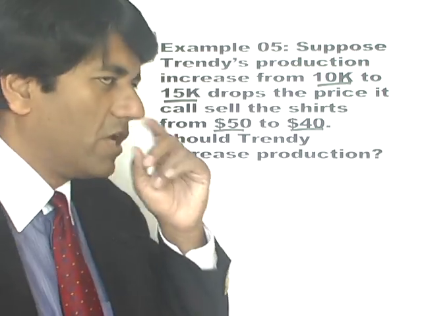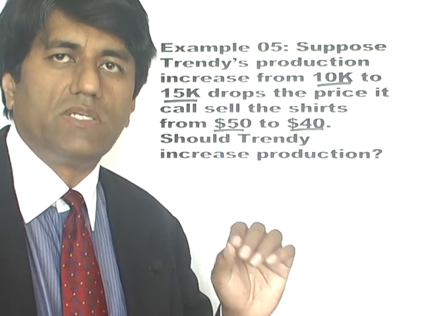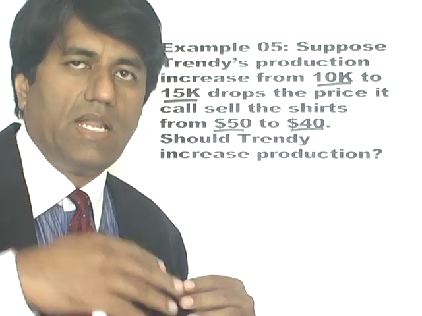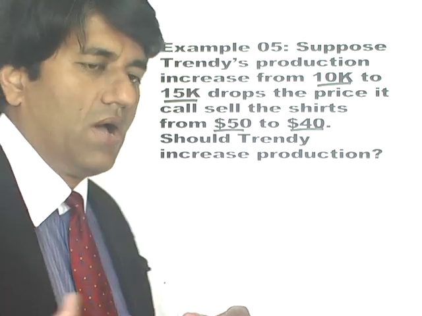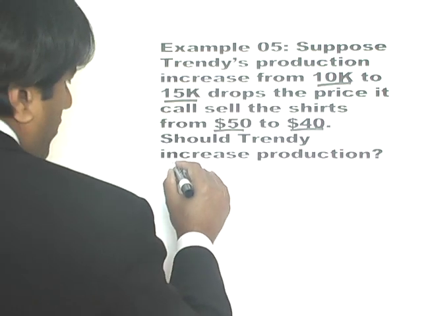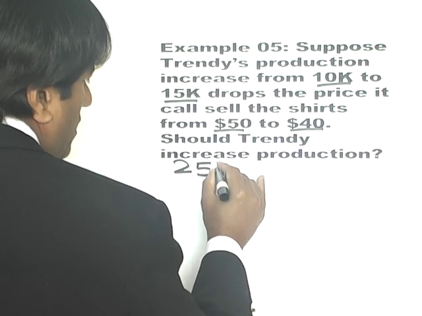And the variable cost for cloth went from 50,000 to 75,000 because it was a 50% increase in the level of production. So the extra amount that Trendy would have to pay for cloth was 25,000.